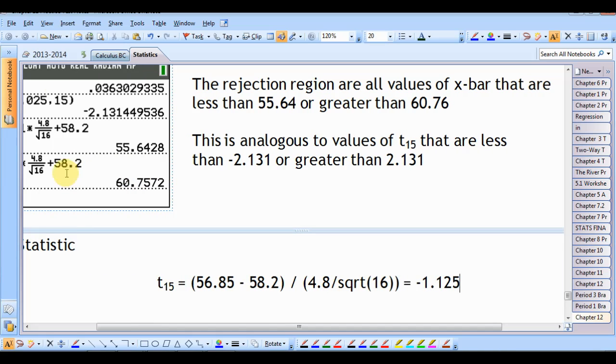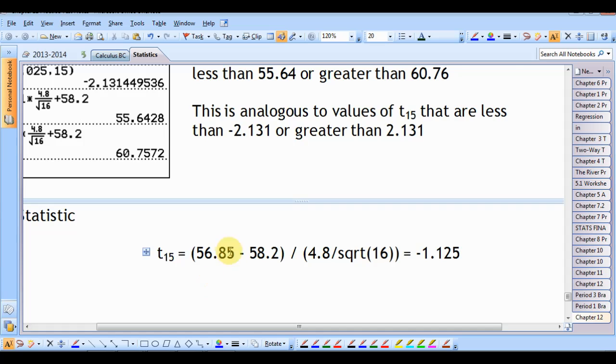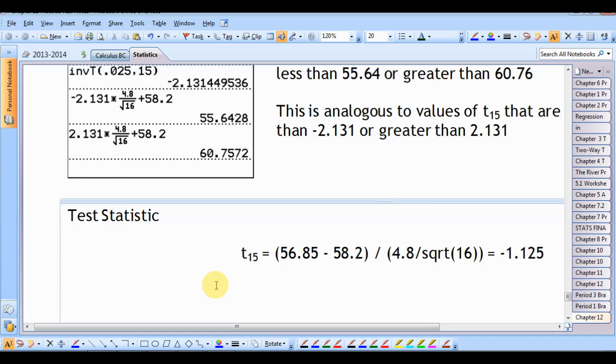I guess it's worth looking here. Is our x bar less than 55.64? No. Is our x bar greater than 60.76? No. That means we're going to fail to reject, right? Okay. That's our test statistic.